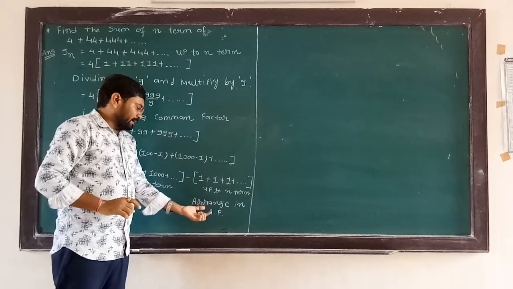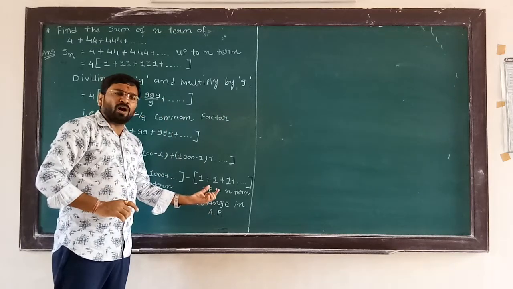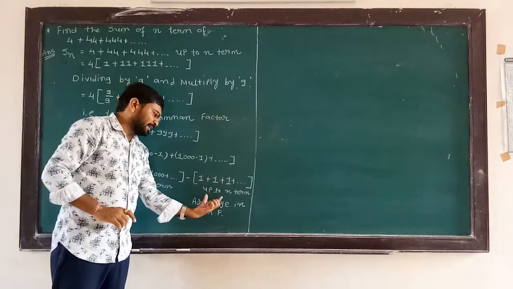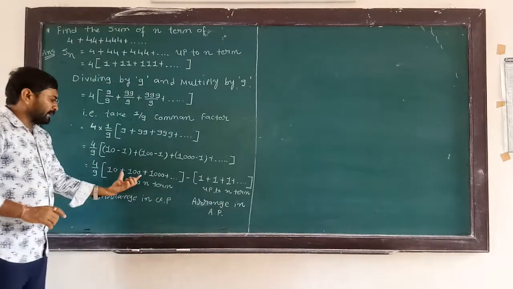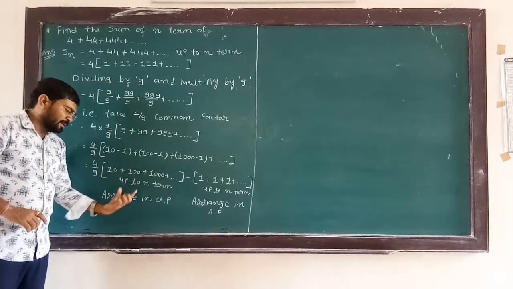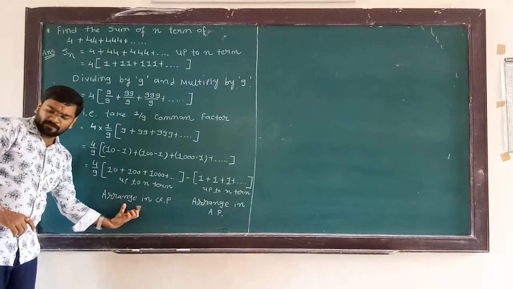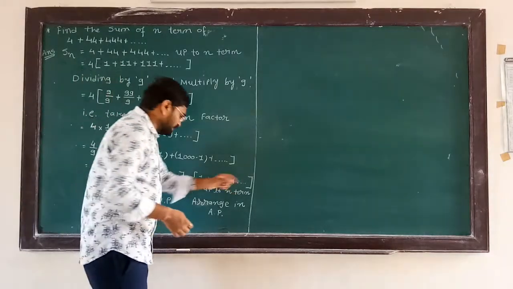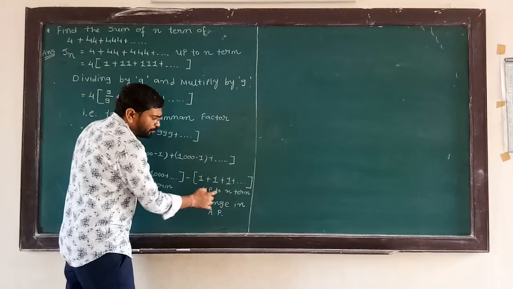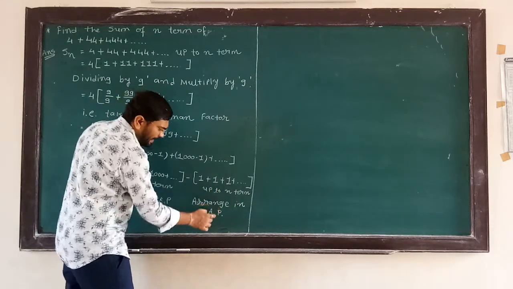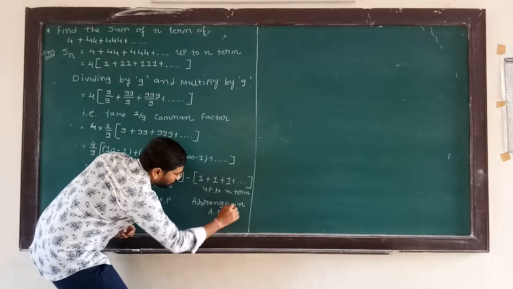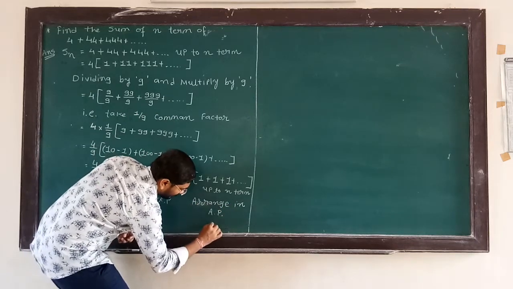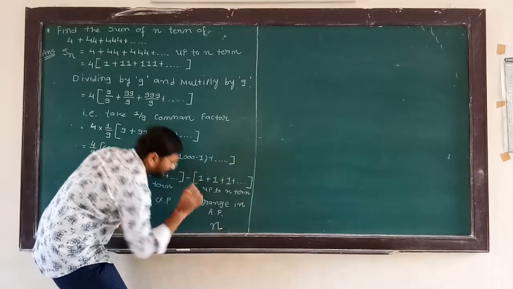So it remains an AP series. The difference of all the numbers is the same, that's why it is arranged in AP. In the first, the ratio of all the numbers is the same, that's why it is arranged in GP. Here 1, 1, 1 up to nth term is an AP, so the total number of terms is only n.